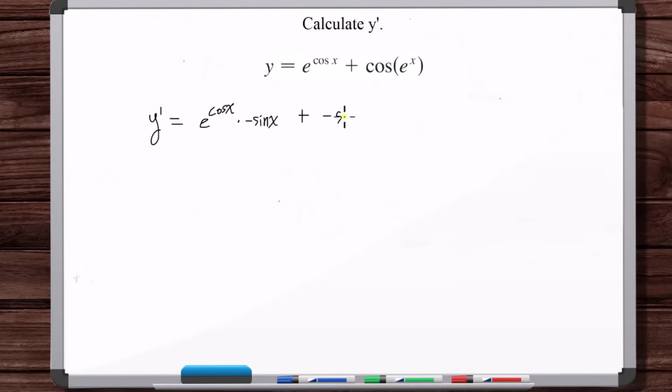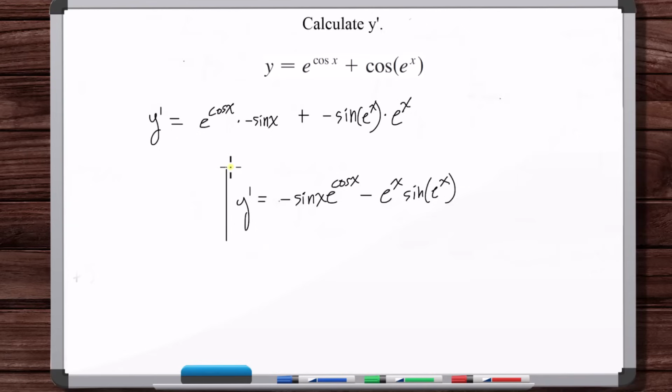It's minus sine of that something times the derivative of that something. What is the derivative of e to the x? Just e to the x. So we've got, that's the derivative.